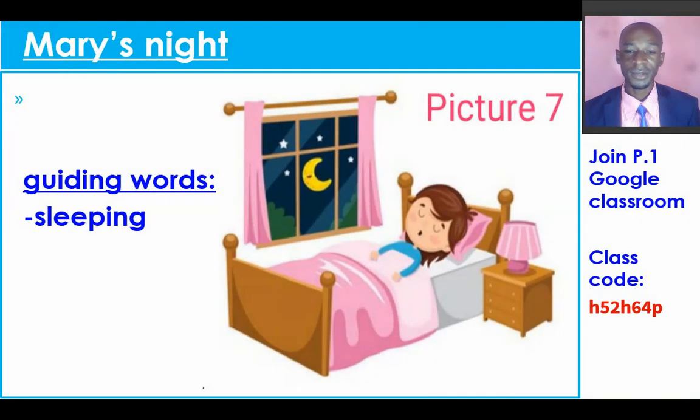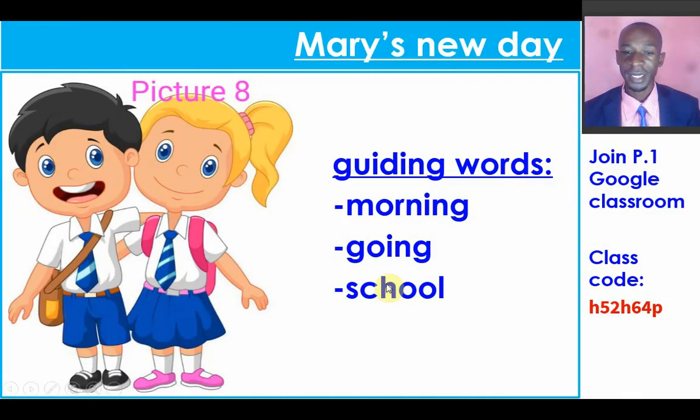Then picture 7, after Mary eating, we see Mary's night now. According to the guiding word, there is sleeping. So in picture 7, Mary is sleeping. You see the moon and the stars. Then picture 8, Mary's new day.